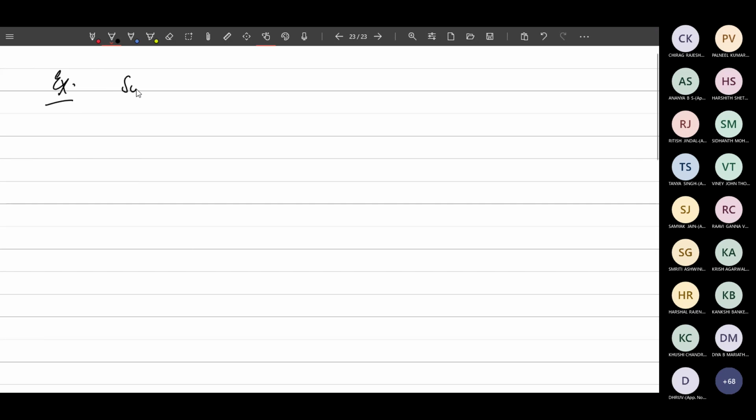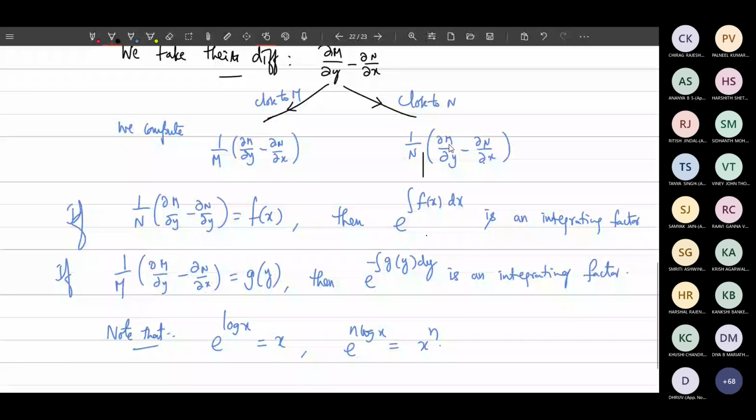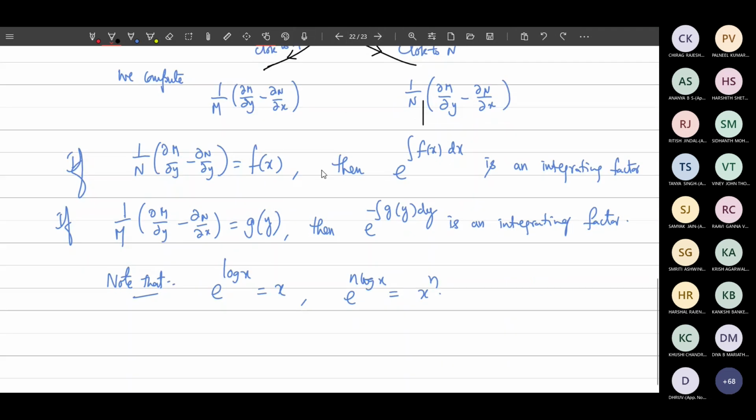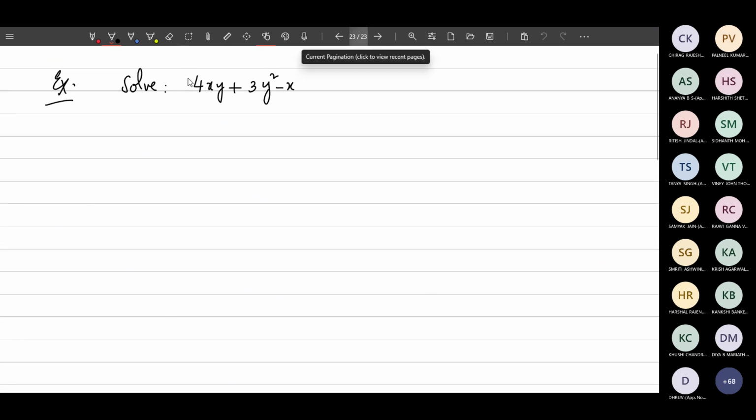Solve the differential equation (4xy plus 3x plus 3y squared) dx plus x times (x plus 2y) dy is 0.